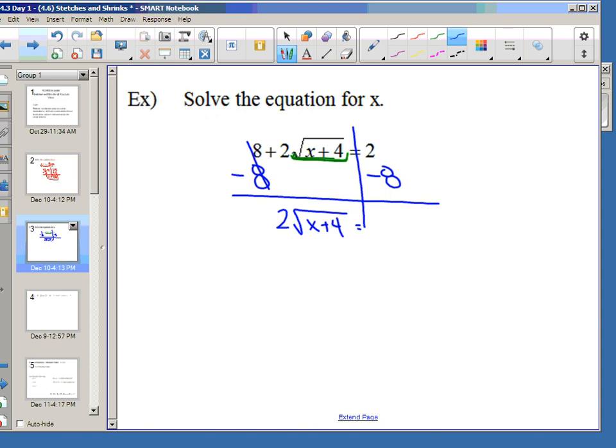And then 2 minus 8 is negative 6. Once again, we still have this square root of x plus 4 not alone, so we have to divide by 2. Cancel out our 2 here. And that leaves us with the square root of x plus 4 equals negative 3.